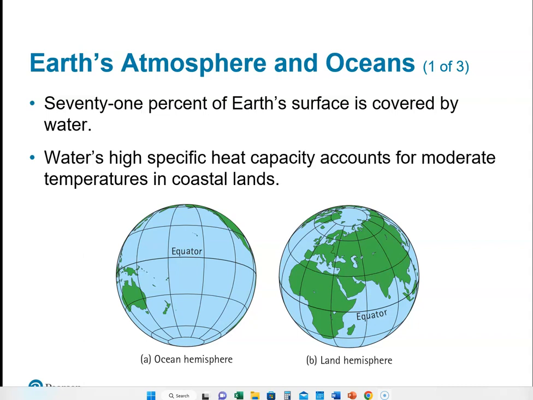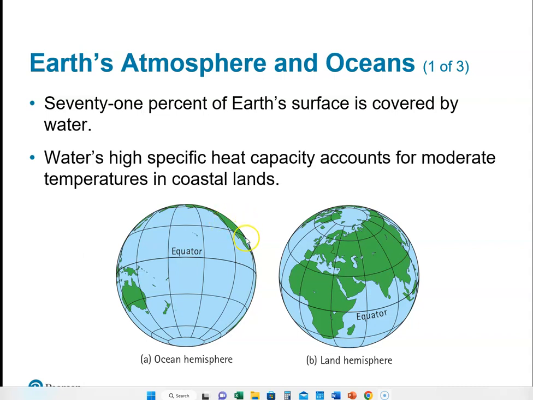But Wichita, Kansas, and San Francisco have vastly different climates. Because San Francisco is right on the ocean, the fact that there's this huge body of water causes San Francisco to have really small fluctuations over the course of a year between really high temperatures and really low temperatures.